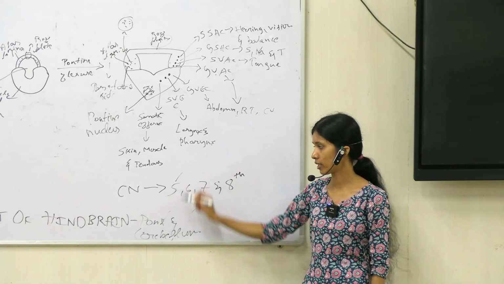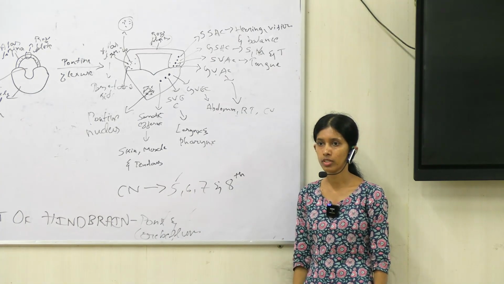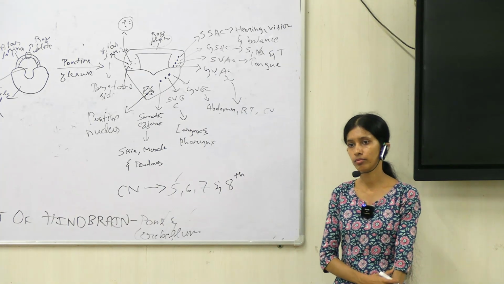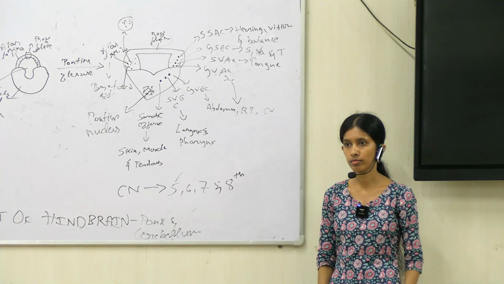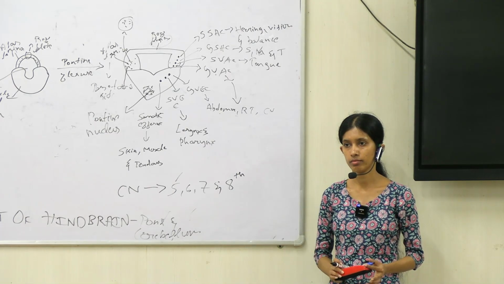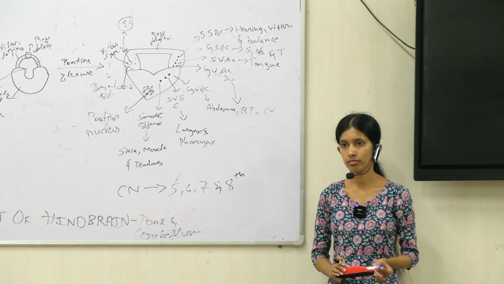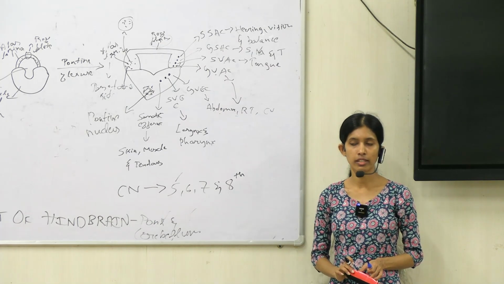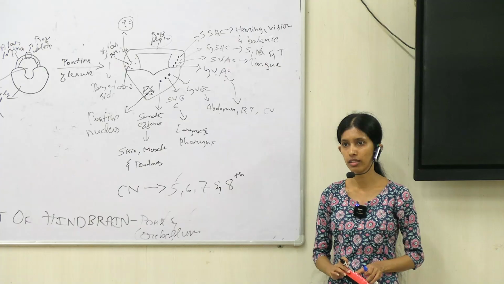Which is the 5th cranial nerve? Trigeminal nerve. So which nucleus can we see here? Spinal nucleus of the trigeminal nerve we can see here.